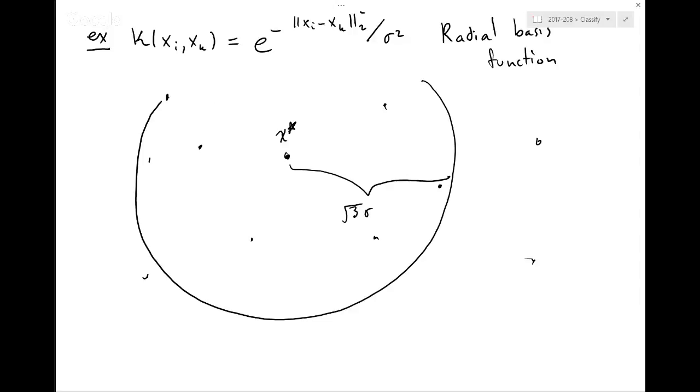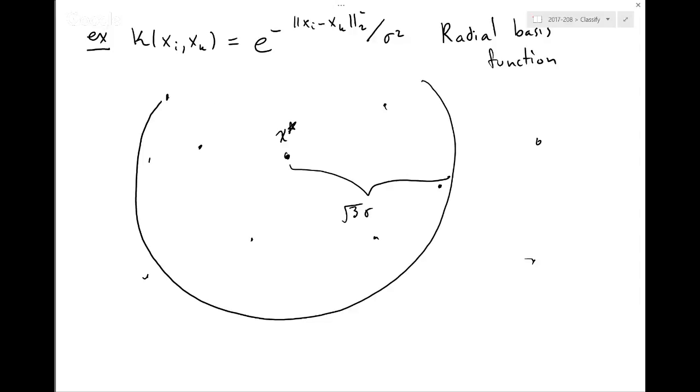Anything inside of this circle is going to have a kernel that's larger than that. And so if I reduce this bandwidth, then I'm effectively using fewer points in my classifier. And if I increase this, then I'm using more points.